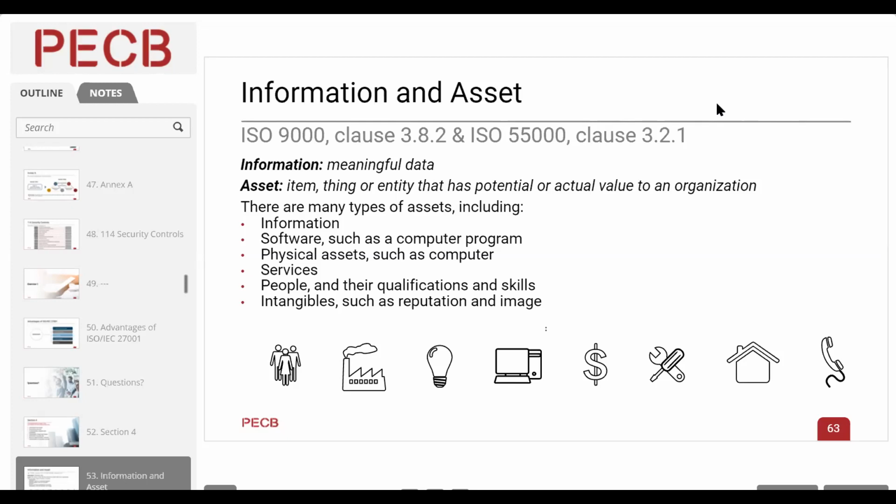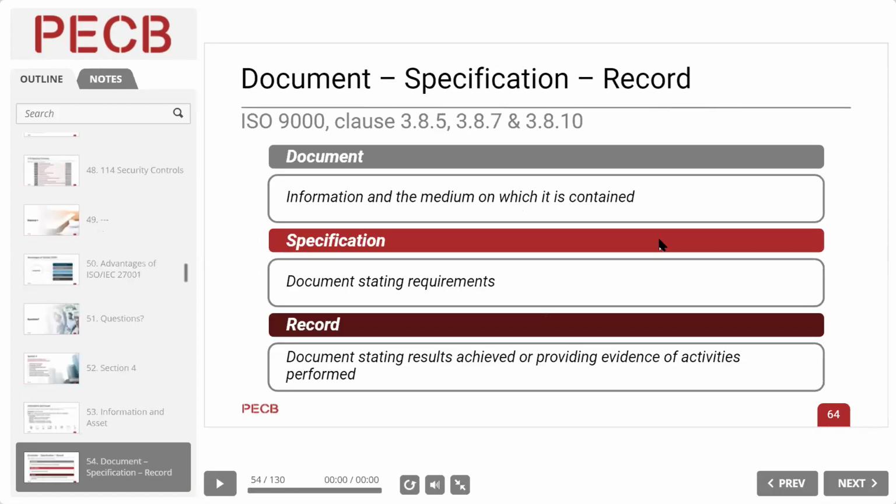So the types of assets are the information itself, software, hardware, physical assets, the services, and the people. We include all of that as information assets, and we expect that all those things would be protected.